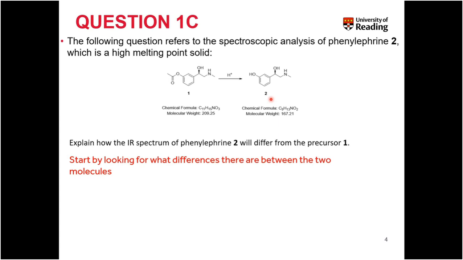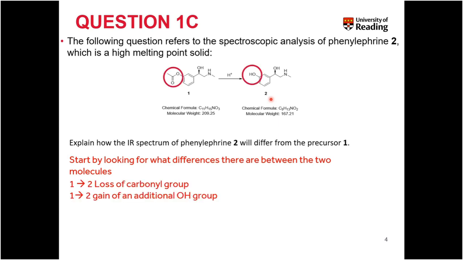Now, in these molecules, if we have a look at where the differences are, they lie on the left-hand side. So when going from compound 1 to compound 2, we lose this carbon double bonded oxygen, so this carbonyl group, and we gain an OH group. So when we go from 1 to 2, we lose a carbonyl group and we gain an additional OH or alcohol group.